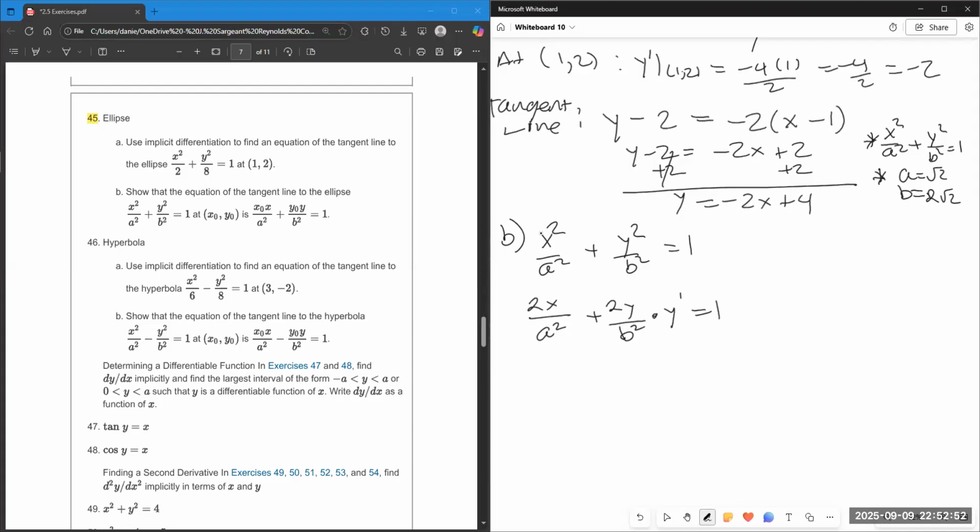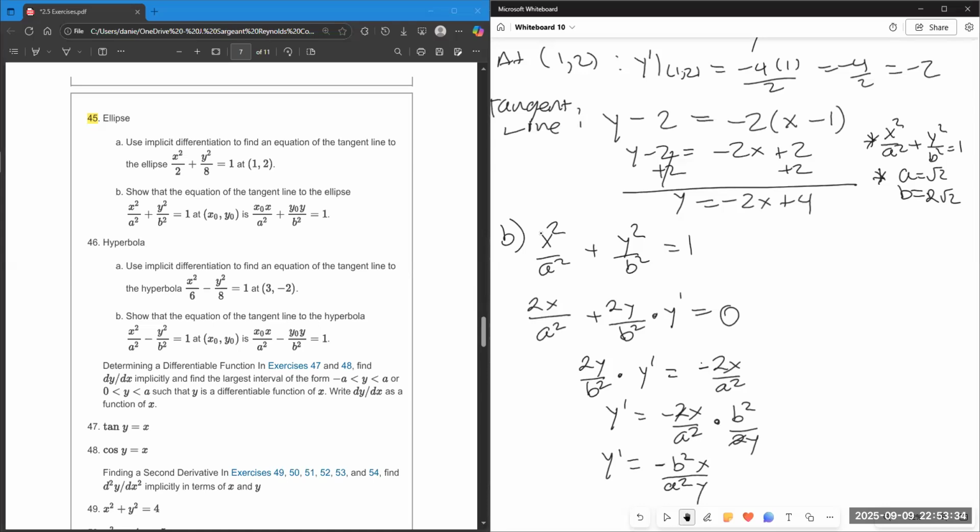So 2y over b squared times y prime equals negative 2x over a squared. And then y prime is negative 2x over a squared times the reciprocal, which is b squared over 2y. The 2's will cancel. y prime is equal to negative b squared x over a squared y.